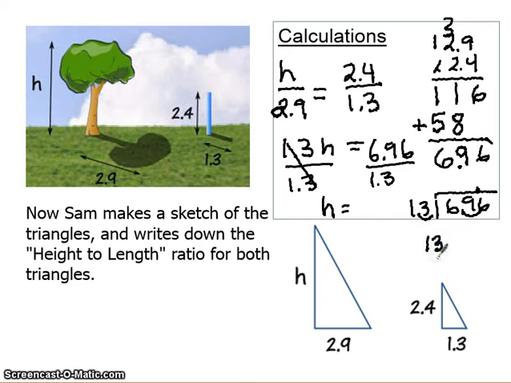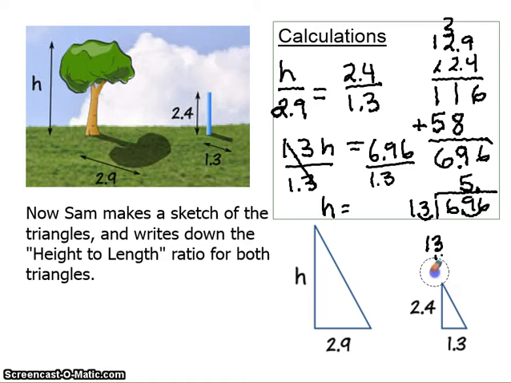So let's try 13 times 4, 52. 13 times 5, 65. That would be the closest we can get. So it goes in 5 times, and that gives us 13 times 5 is 65.